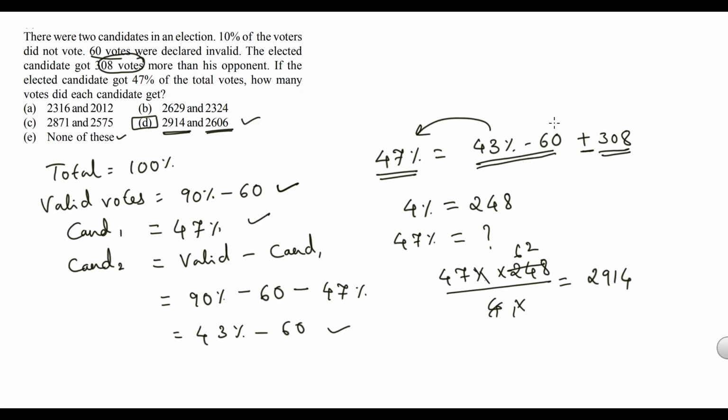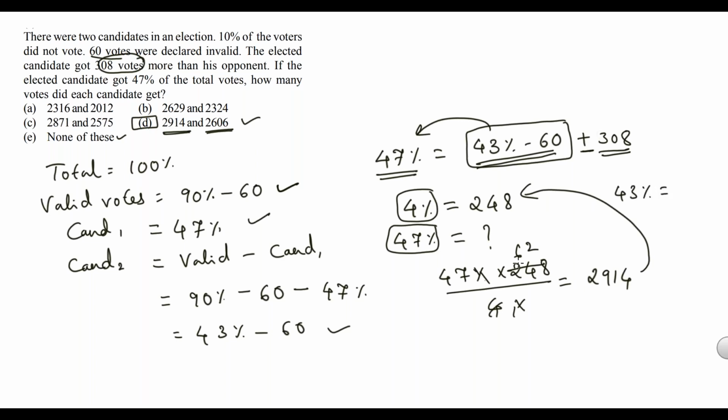Now, how to find the other candidate's votes? Other candidate's votes are 43% minus 60. So how do I get 43%? See, already I have 47% value, and already I have 4% value. Now, if I subtract this 4% from 47%, the remaining value is 43%. Right?